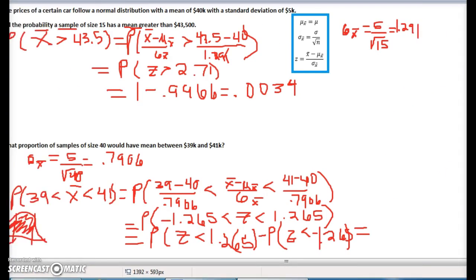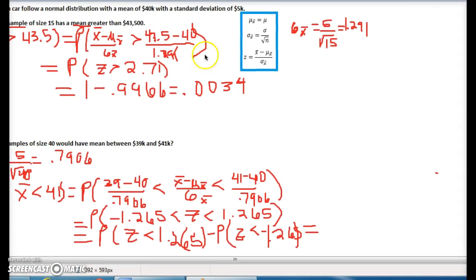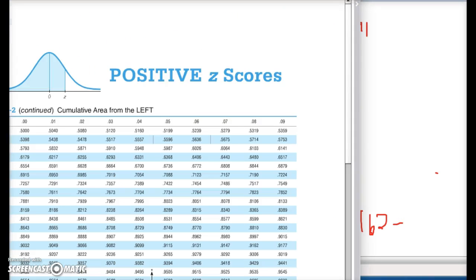Okay. So 0.8962 minus, and then the negative side.